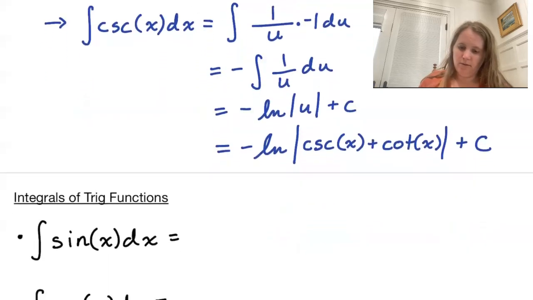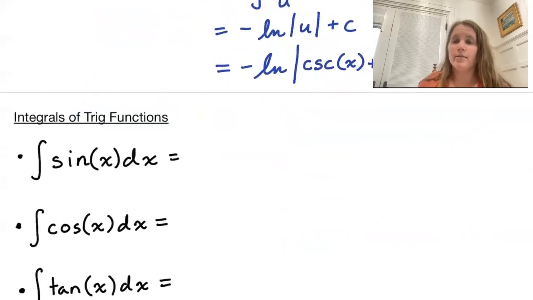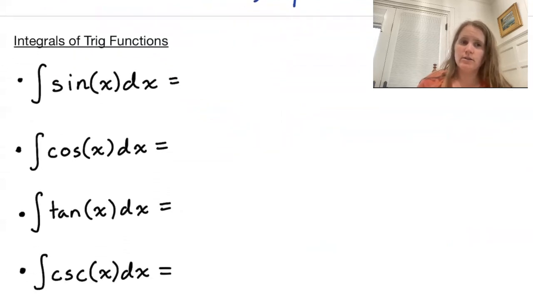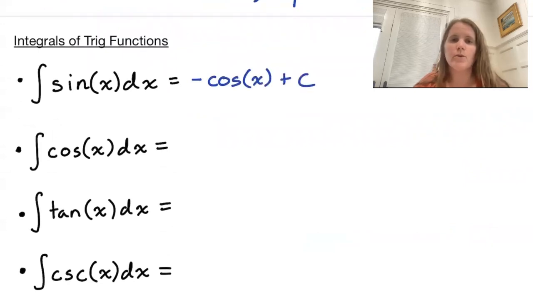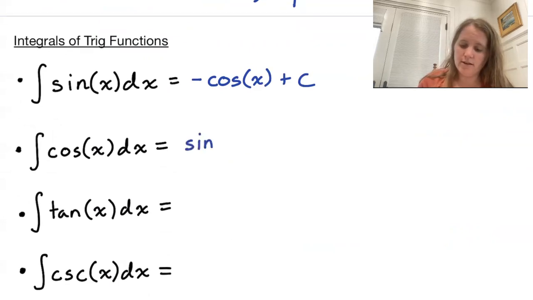From here, again, let's run through all 6 of our trig functions. The integral of sine x dx was again negative cosine of x plus c. We saw that briefly at the beginning of this video, as well as earlier in the course. The integral of cosine of x dx was sine of x plus c.